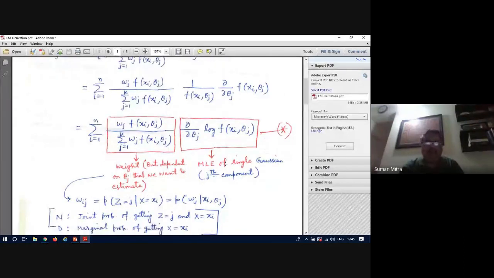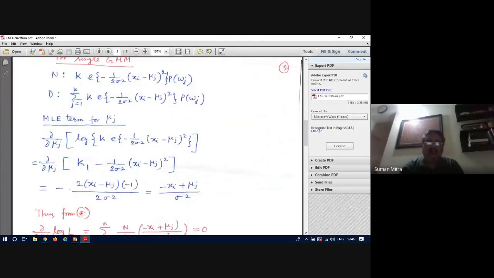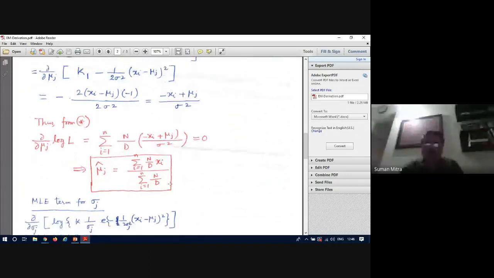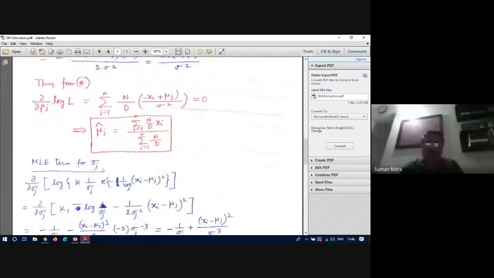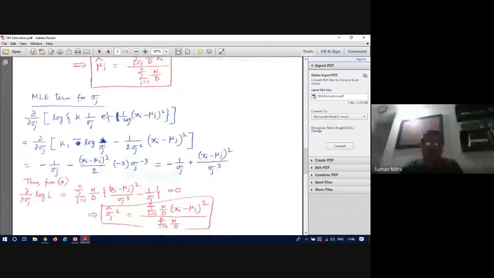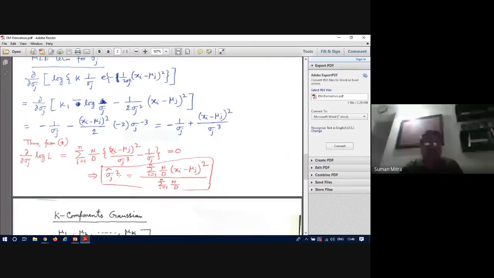Then we take mu unknown, all others known. Then we take this mu hat and we see that this is nothing but a weighted mean. And similarly for sigma, using the star, we again put mu j's and wj's as known, and then sigma j's are unknown. Then again from the star we get sigma j hat, which is nothing but a weighted variance.